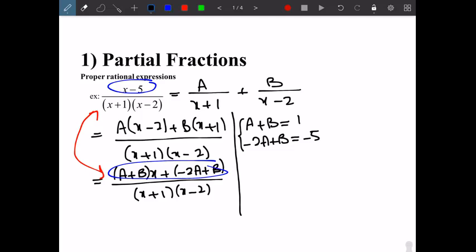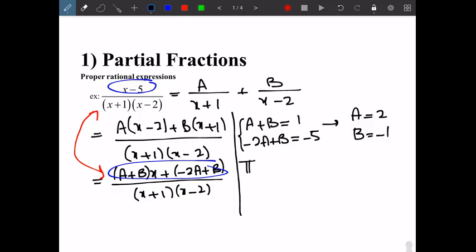So regarding this system of simultaneous equations, you can use your calculator to determine the values of a and b, or you can solve it algebraically using any method you're familiar with. So using your calculator, you end up with a equal to 2 and b equal to negative 1.